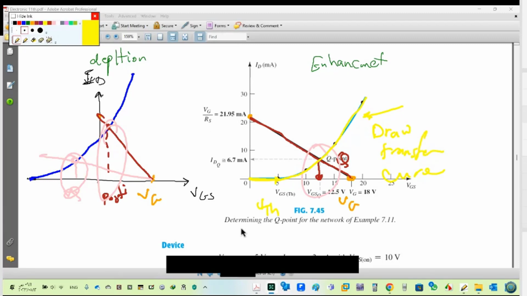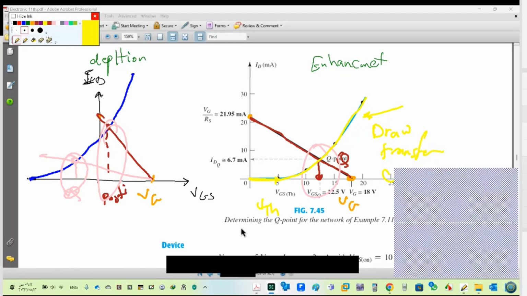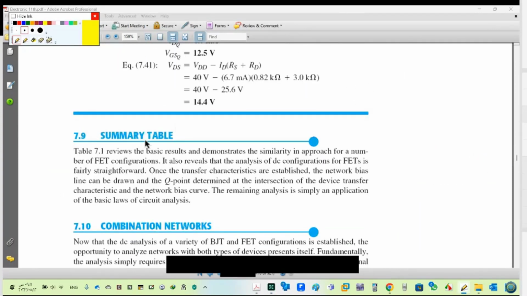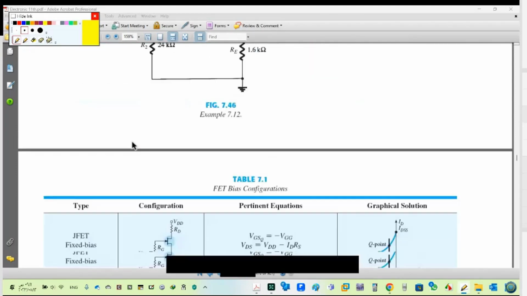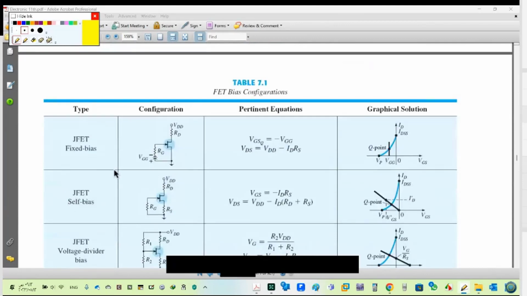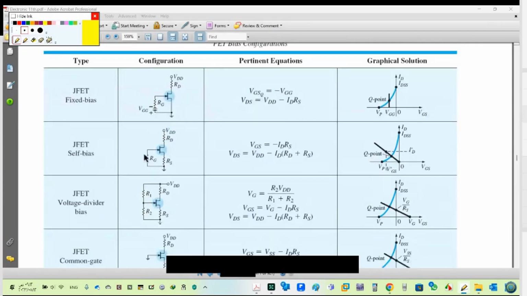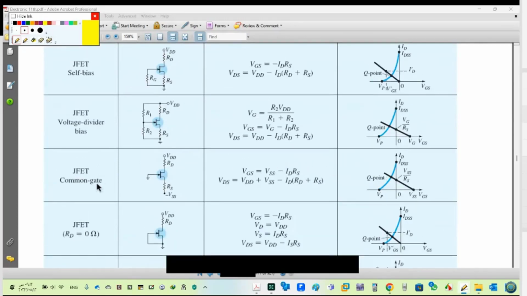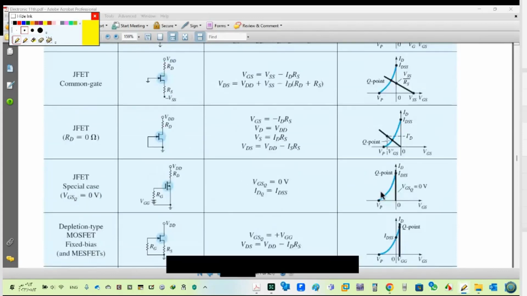Ahmed, Ariane? Okay, let's see here. Summary table. In your book, this is a concept, by the way. We have a very nice summary table. See, JFET fixed bias, formulas and graphical; self bias, configuration, formulas and graphical; JFET voltage divider, formulas and graphical; JFET common. Get this concept. JFET RD = 0 special case, see this one.